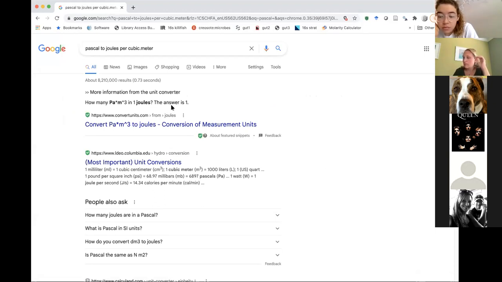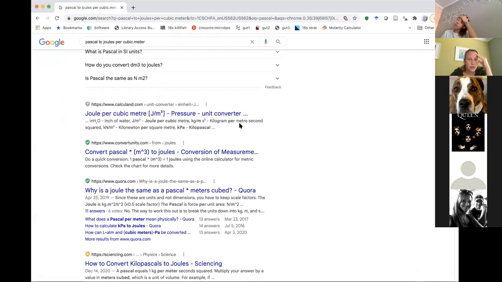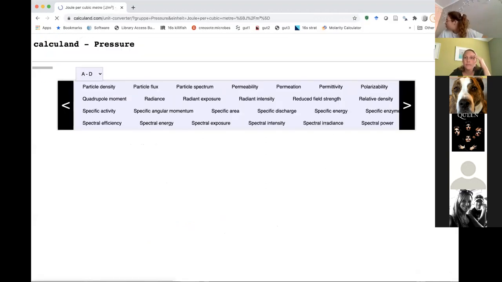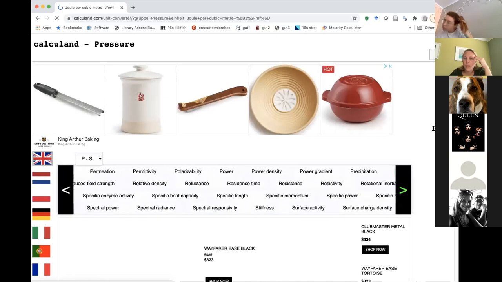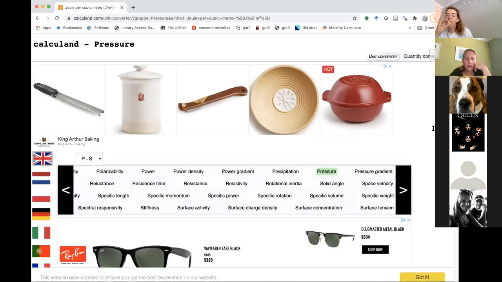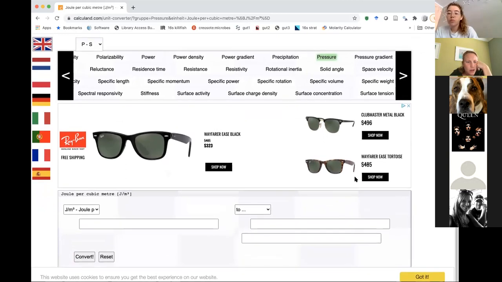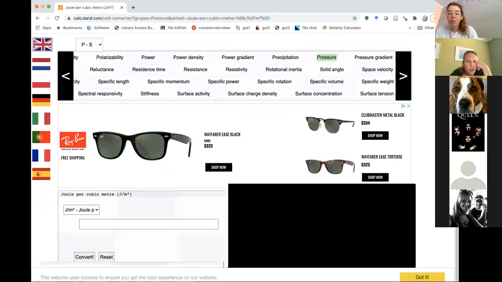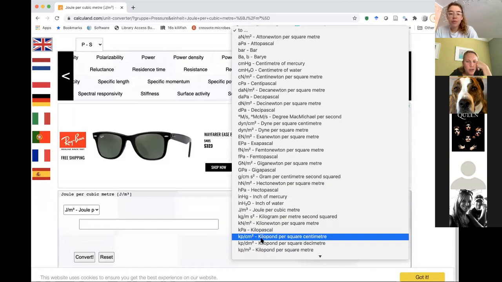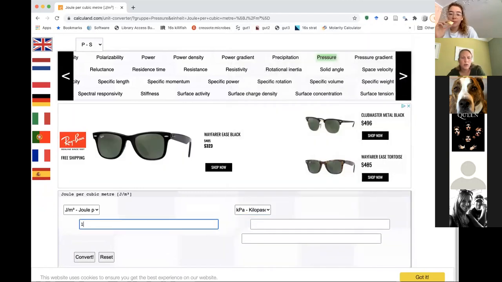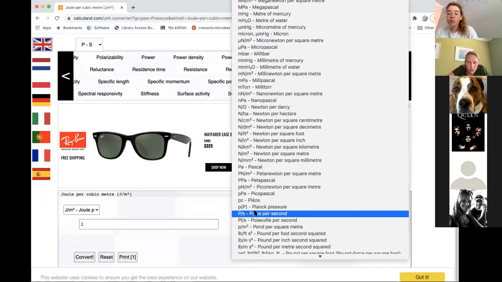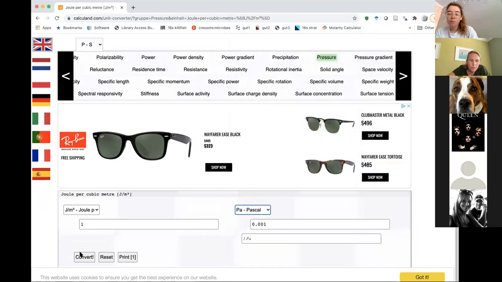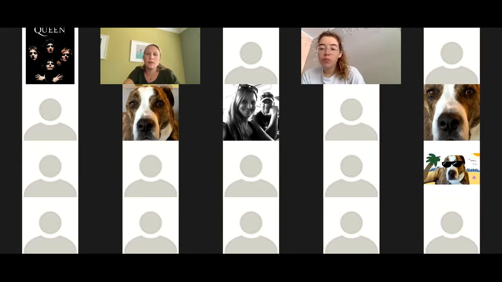Is that right? A joule per cubic meter is pressure.